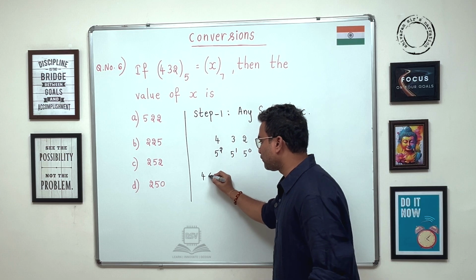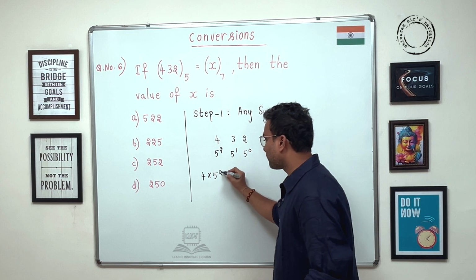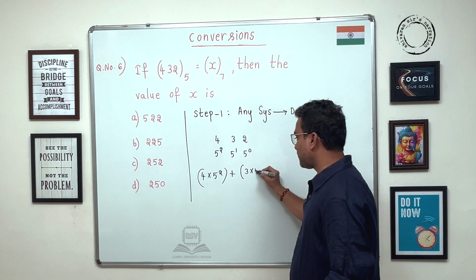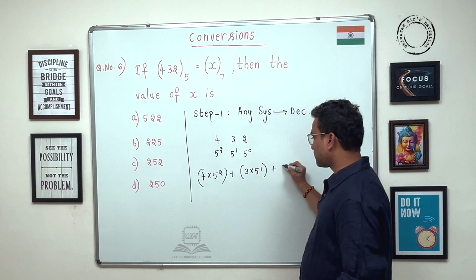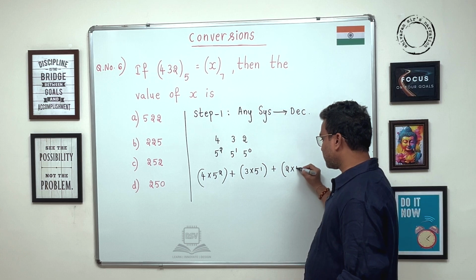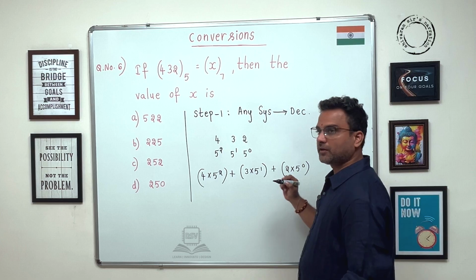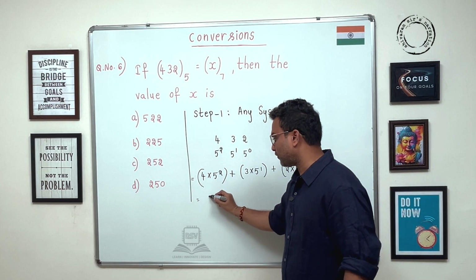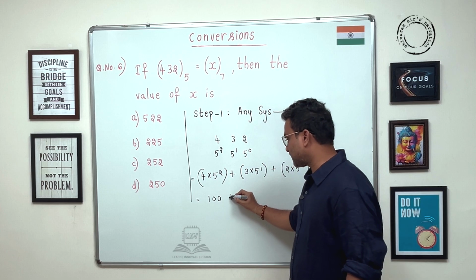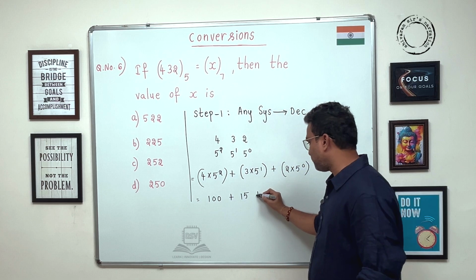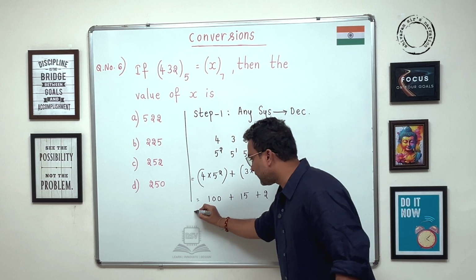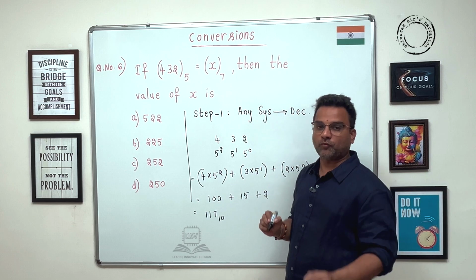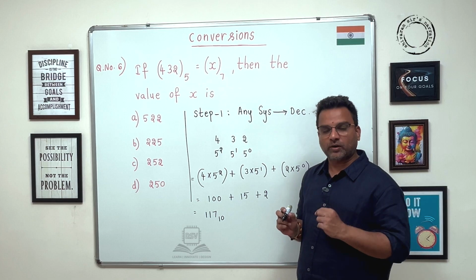Therefore 4 into 5 power 2 plus 3 into 5 power 1 plus 2 into 5 power 0. Then 5 square is 25, 25 into 4 is 100, plus 15 plus 2, it is 117 base 10.